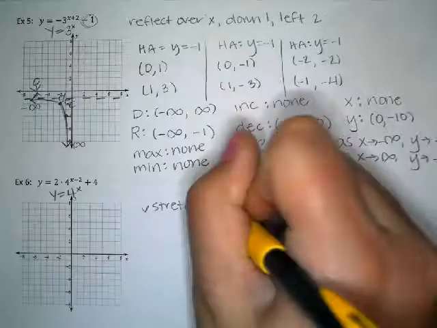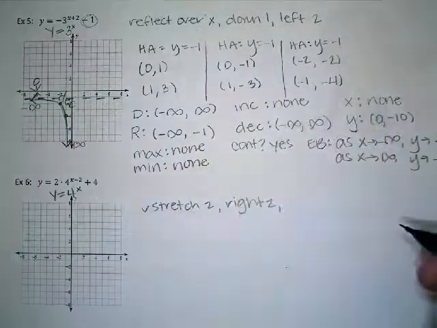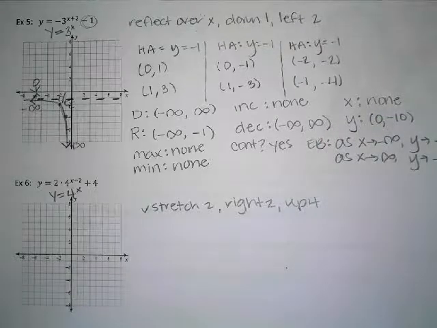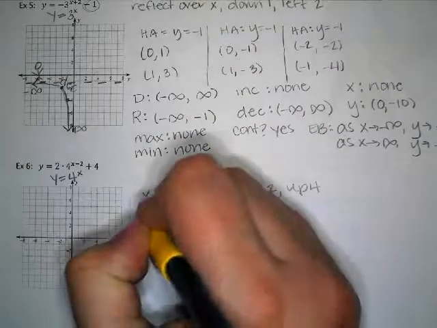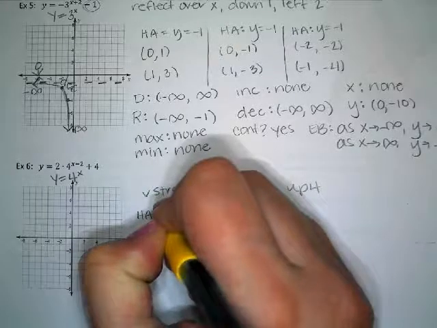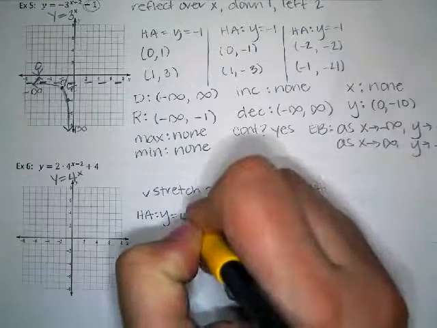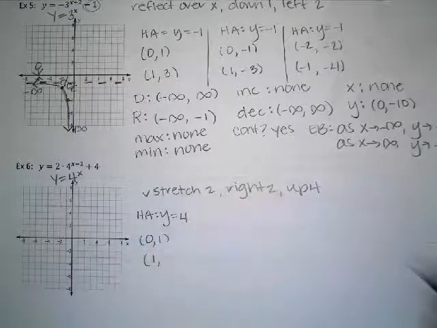I mean, up 4. I'm looking at up 4, it was a typo. It's fine. All right, so we've got the horizontal asymptote is y equals 4. And then we've got 0, 1, 1, the base, and then what's the base? 4.